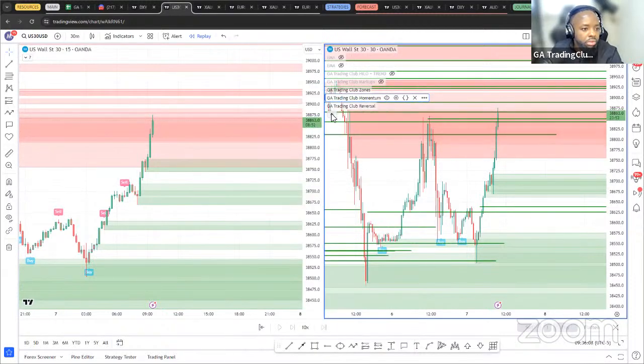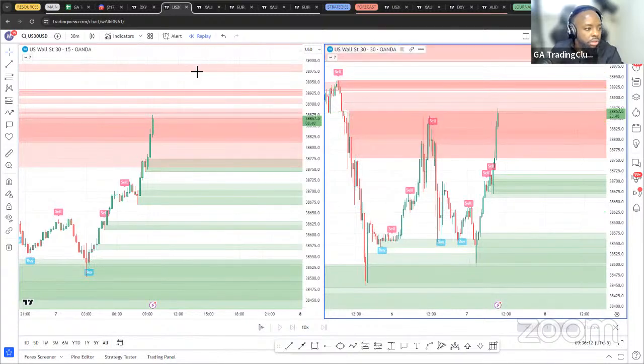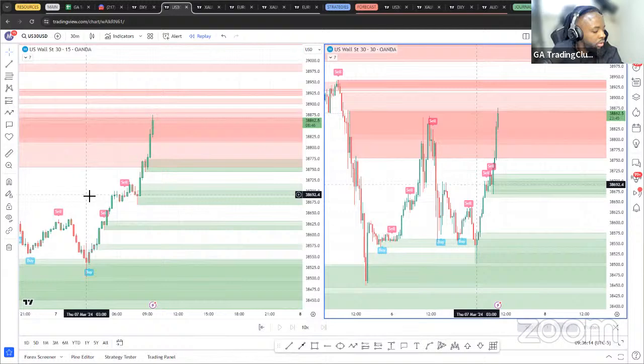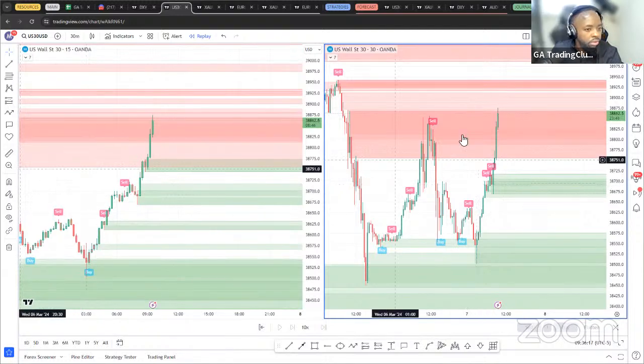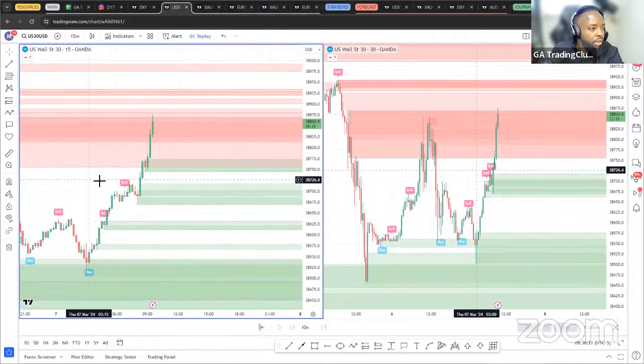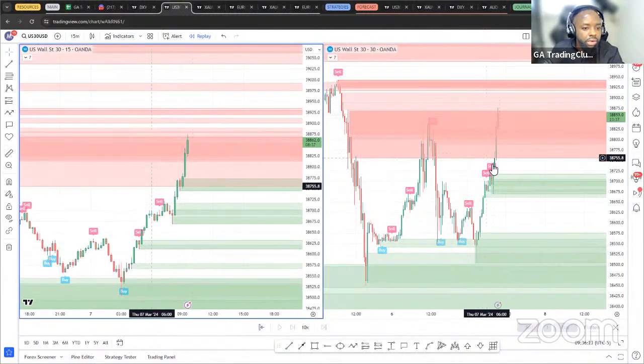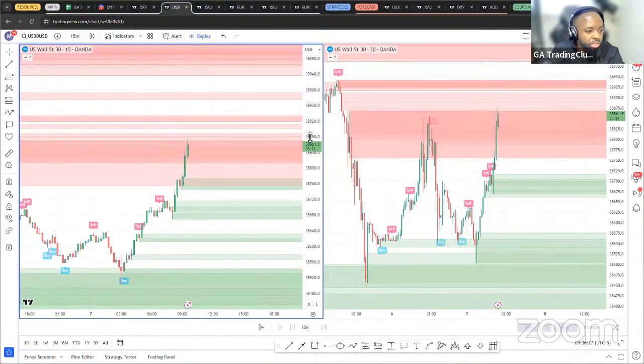So here what we are looking at are the positions where we have those inner supply and inner demand.